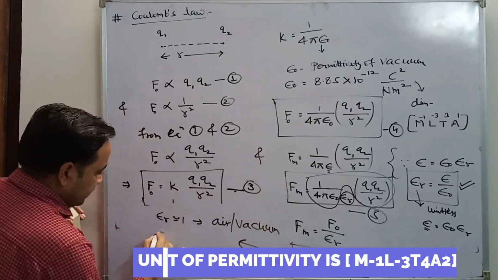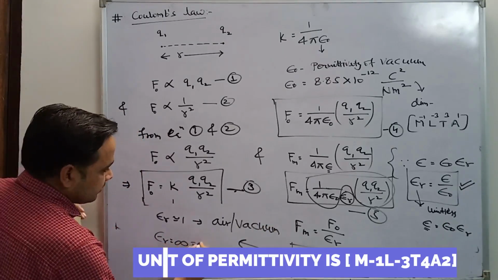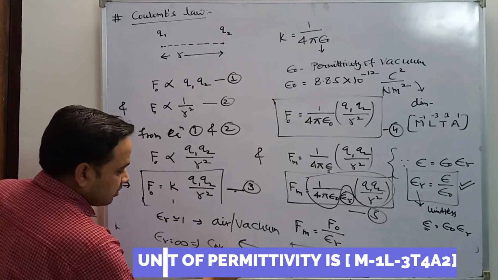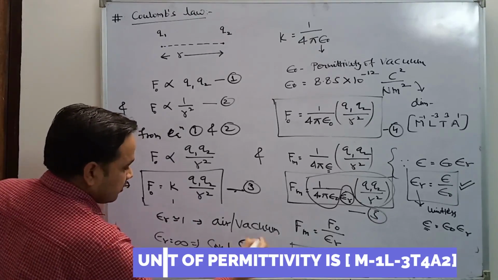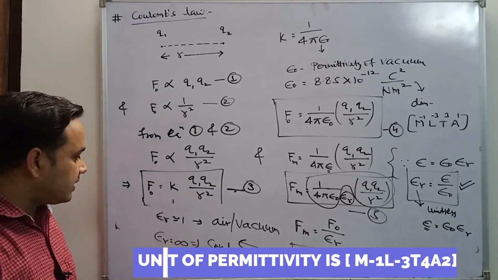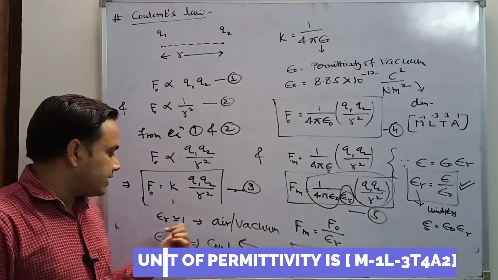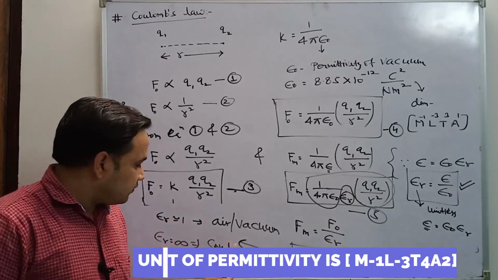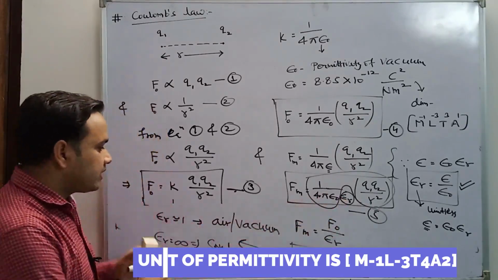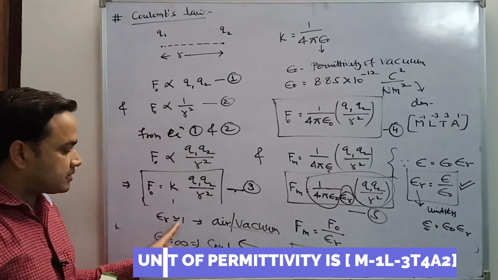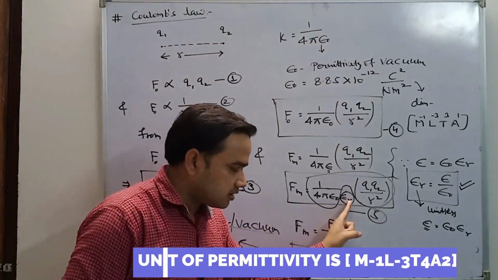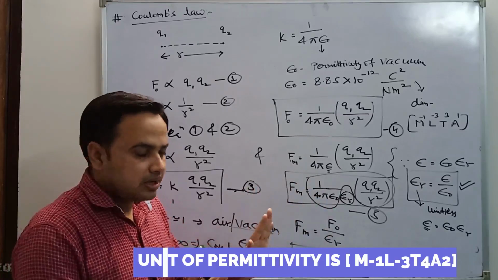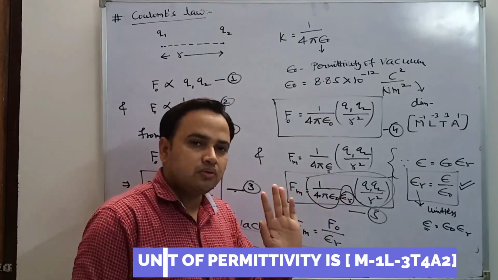Epsilon r is infinite for a conductor or metal. For a conductor its value is infinite, and for vacuum or air its value is 1. So if you put the value 1 here for vacuum, then the value of epsilon r is 1. Then this equation and this one are the same. Clear? If there is no medium, epsilon r equals 1.